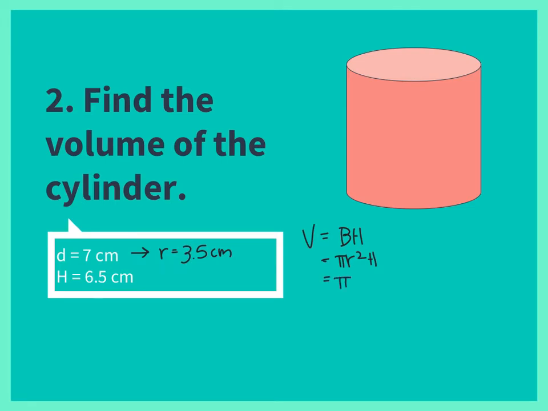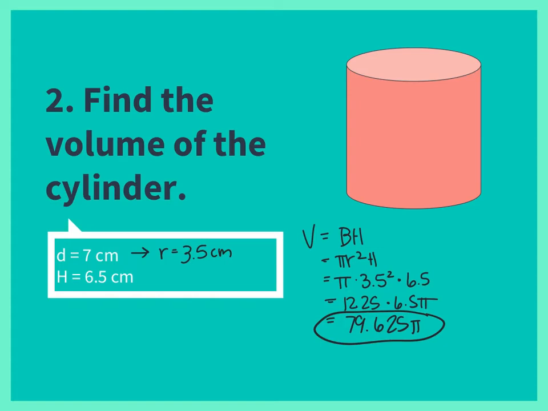So we're going to do pi times 3.5 squared times 6.5. 3.5 squared is 12.25 times 6.5 times pi. Here we have 79.625 pi.